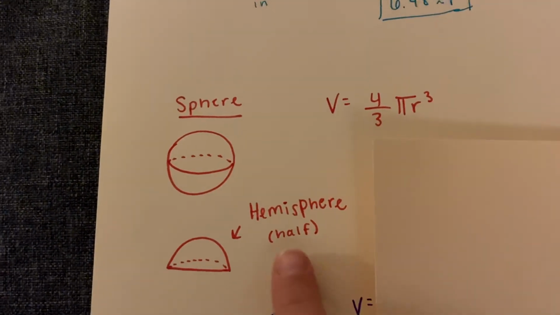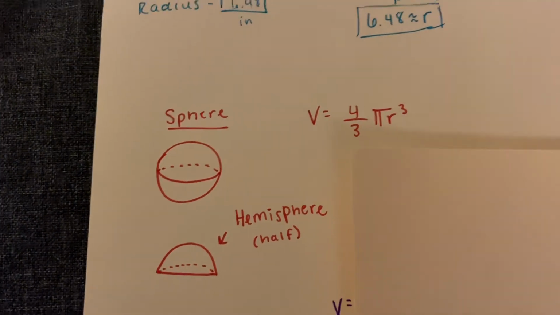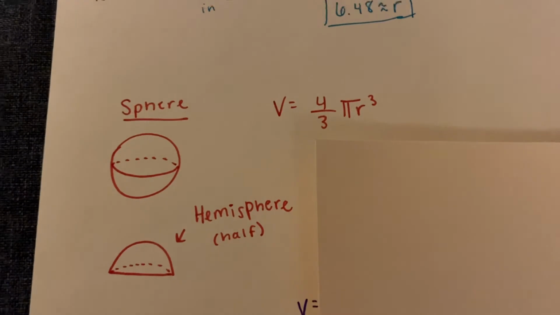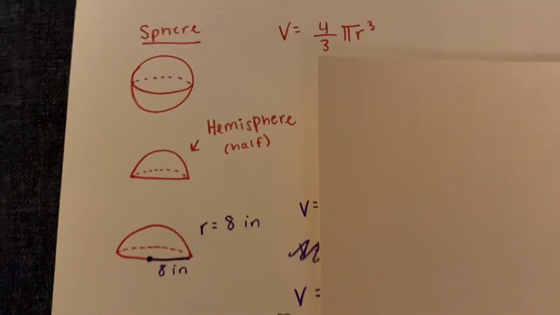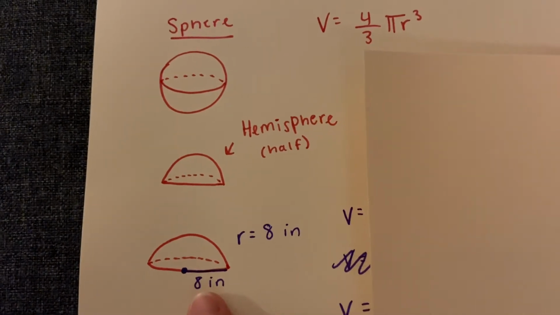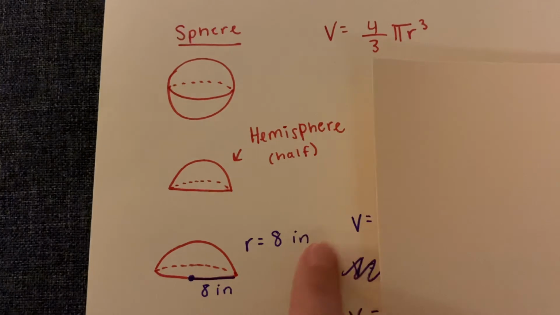That's called a hemisphere. It just means that you take half of the volume and you get the volume for this. So I want to show an example like that. And we're going to use this hemisphere with a radius of 8, and we're going to find the volume.